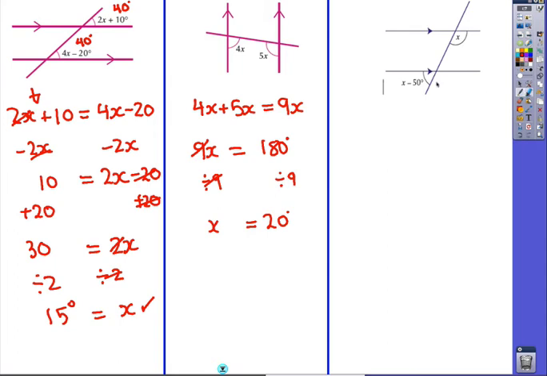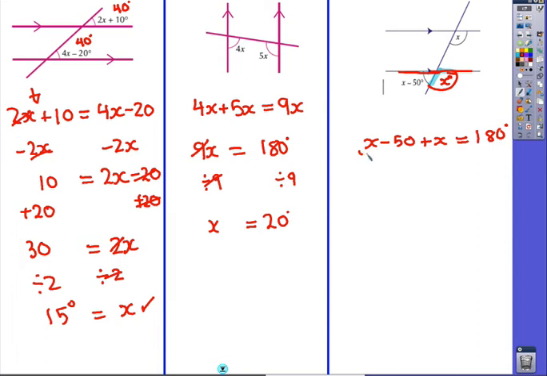The last one, x is corresponding to this angle here, so this angle is also equal to x degrees, and angles on a straight line, this is a straight line, what do they sum up to? They sum up to 180 degrees, so x minus 50 plus x, because I need to sum up to 180 degrees.